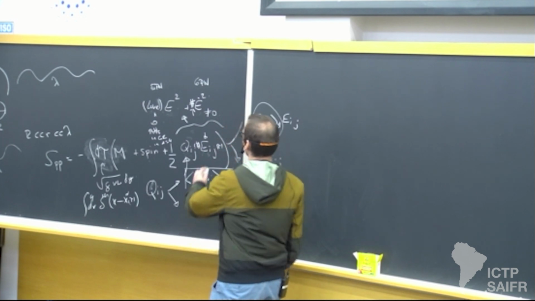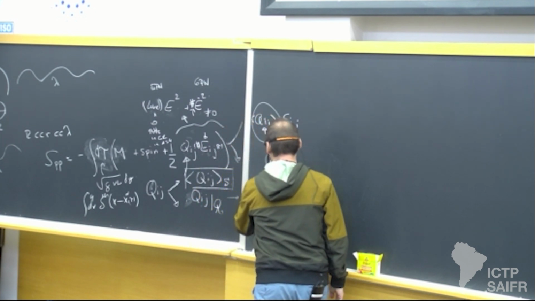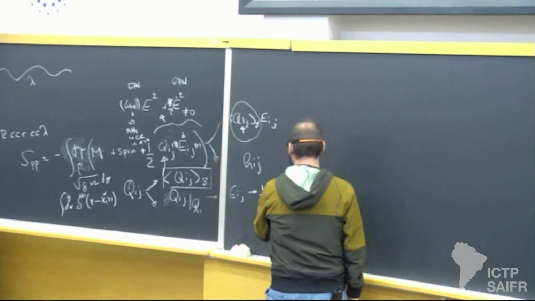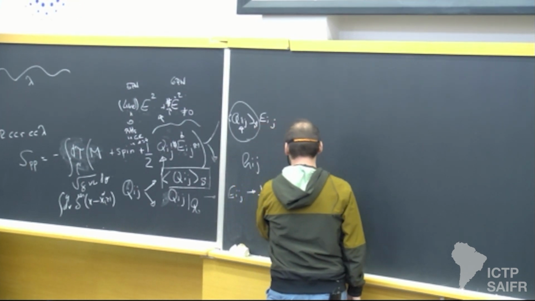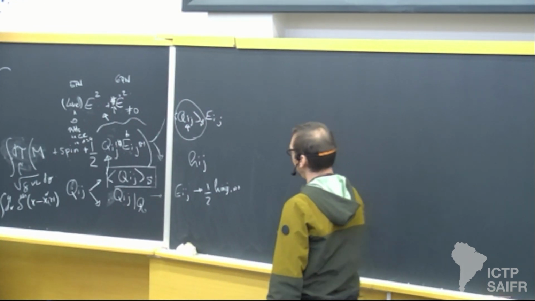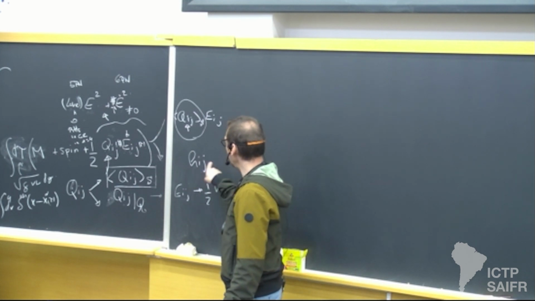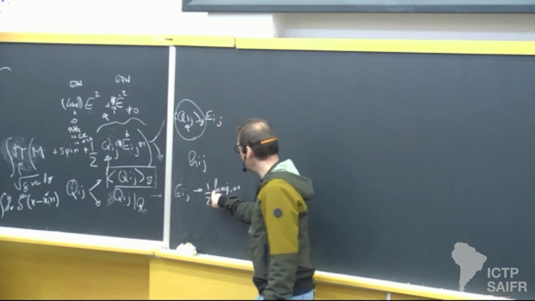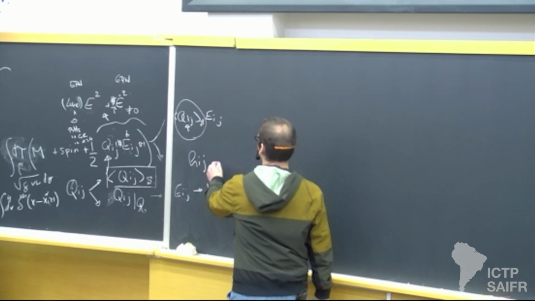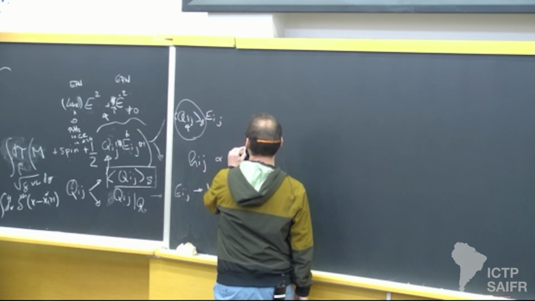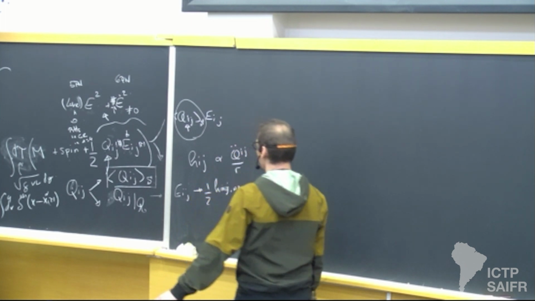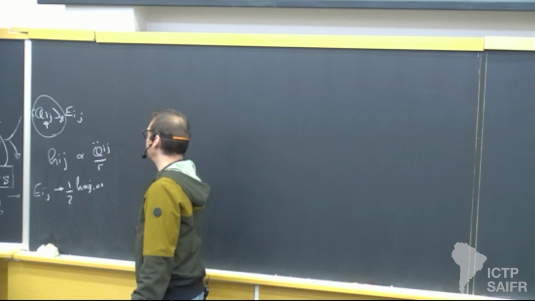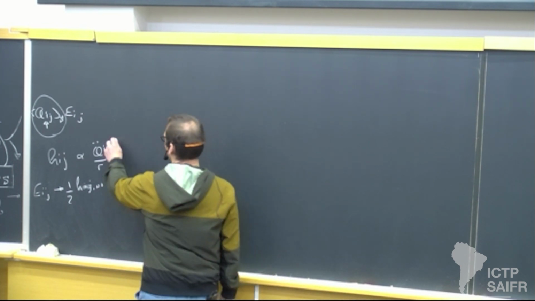This guy, this E_ij, has a term which goes like this, sorry, ij, 00. And therefore, if I'm looking for the h_ij out of this Feynman rule, I'm going to get this guy, and therefore this is going to be proportional to two derivatives of Q_ij. And this is just the box, and then it's the retarded time.